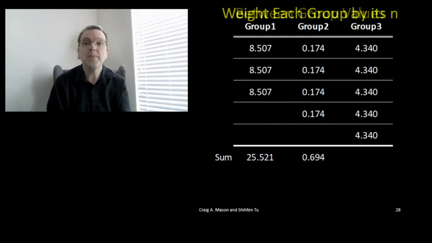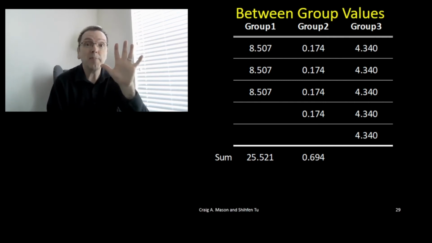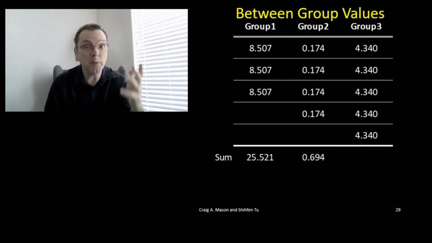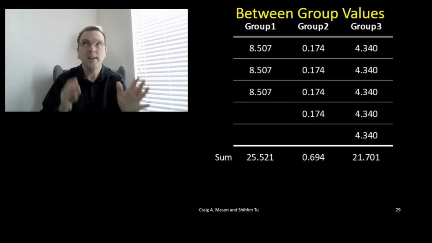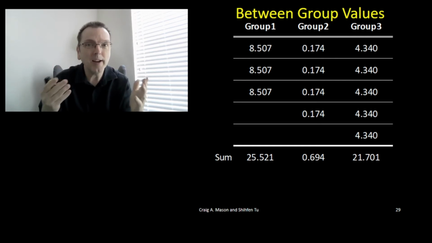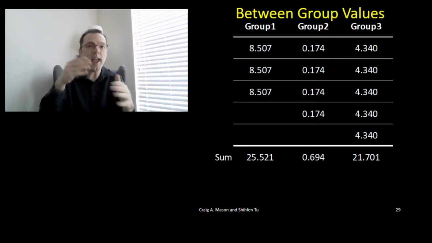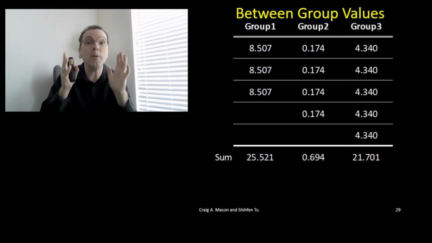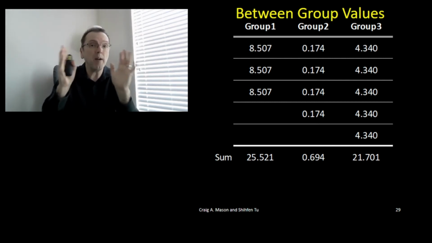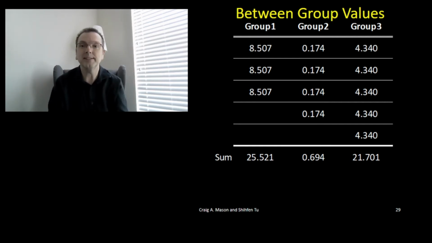Right? And each of the 5 people in group 3 has a squared group mean deviation from the grand mean of 4.340. Right? Across all 5 of them, that sums to 21.701. And yes, if you're following along at home, you may get slightly different values than I'm getting. That's because I'm using the unrounded values. But again, within rounding, this is all good, right? Let's keep going.